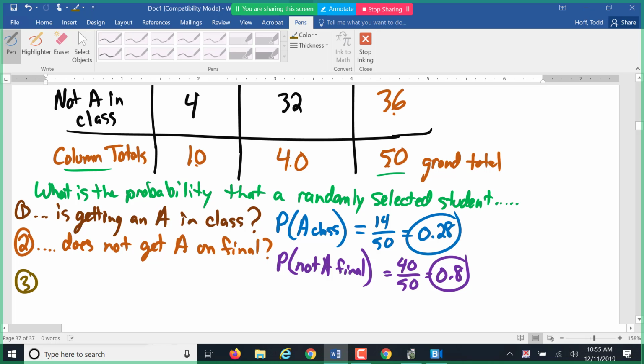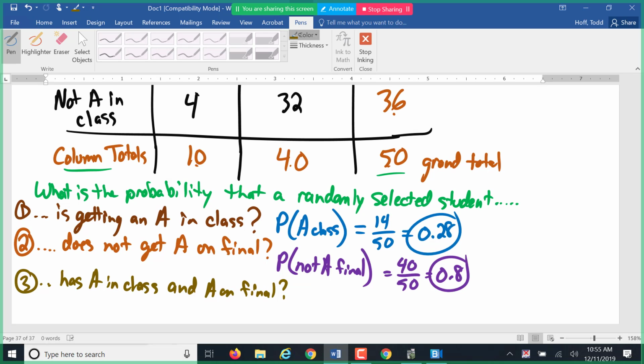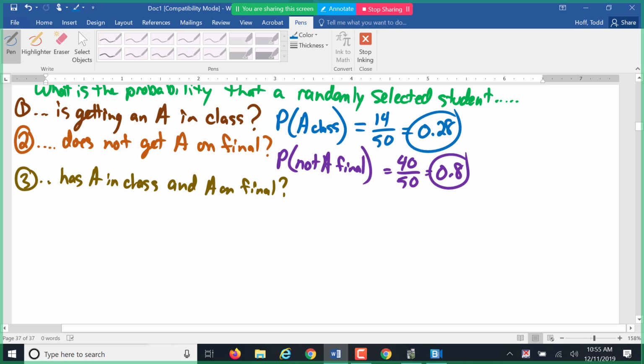What's the probability that a randomly selected student has an A in the class and an A on the final? So this is a probability of A in the class and A in the final.